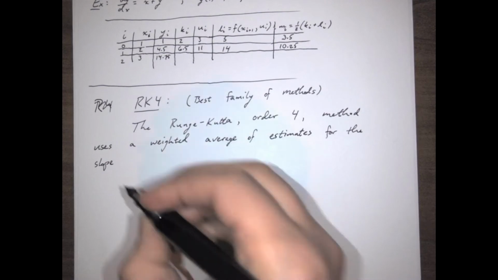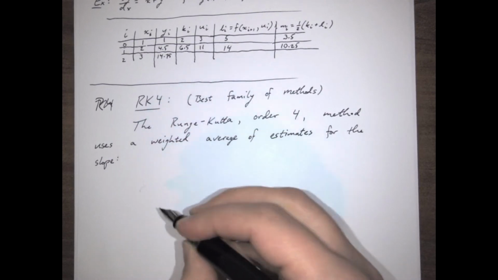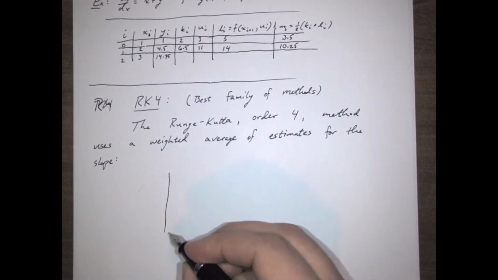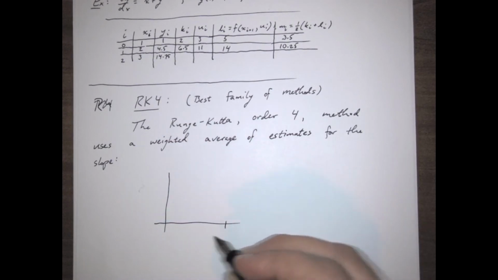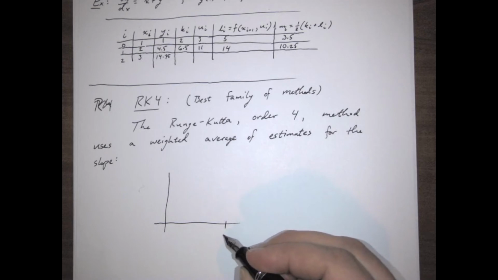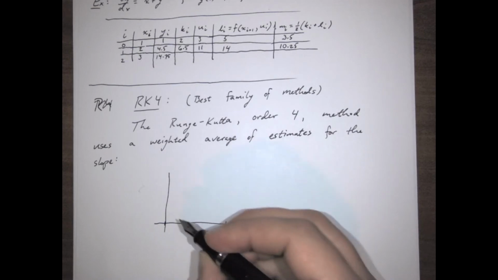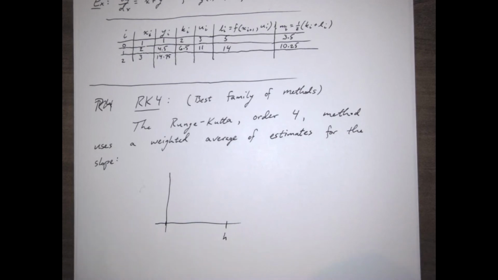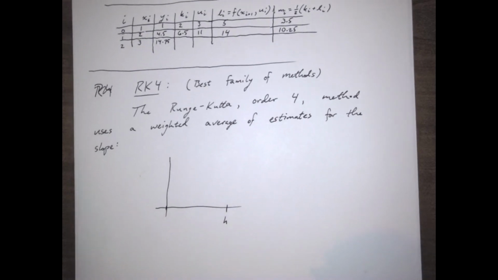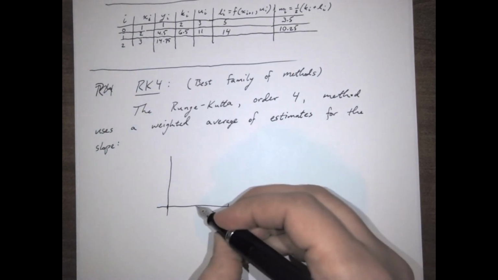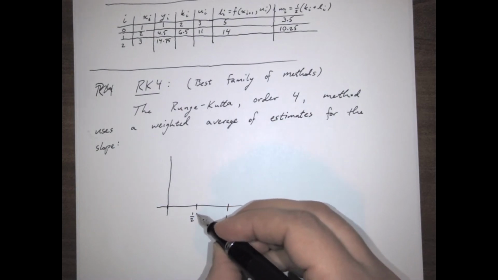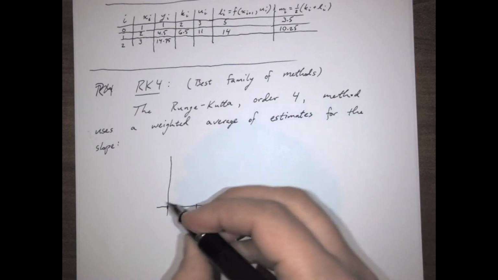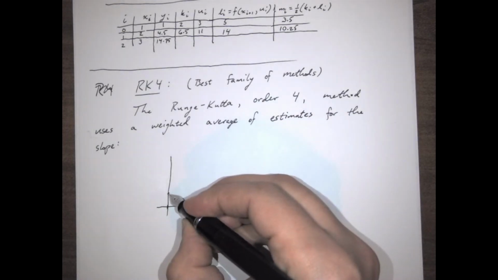In particular, essentially what it does, if we want to look at it geometrically, is it takes the interval from 0 to h, or whatever the starting x value is, and it cuts it in half, and then say this was our starting one.